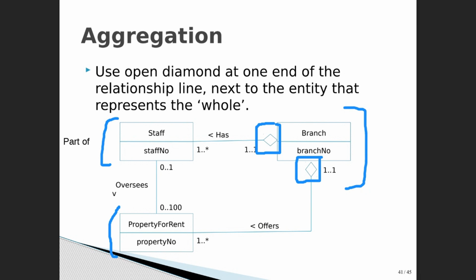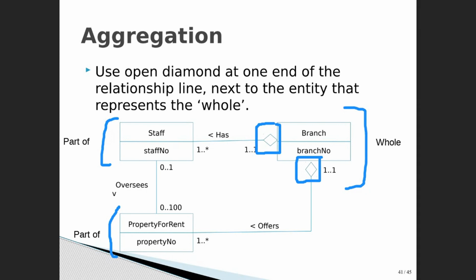Adding the diamond shape to the main entity type, let's say there is no superclass or subclass here. It's just representing the relationship. So branch and then the diamond before the relationship line means that the branch is the whole entity type, representing a branch as a whole, and all other associated entities are part of that whole.